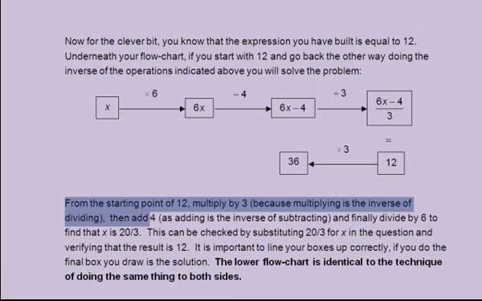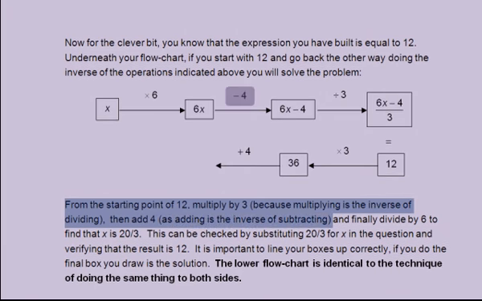Then add 4, as adding is the inverse of subtracting. 36 add 4 is 40. Finally, divide by 6. To find that x is 20 over 3.